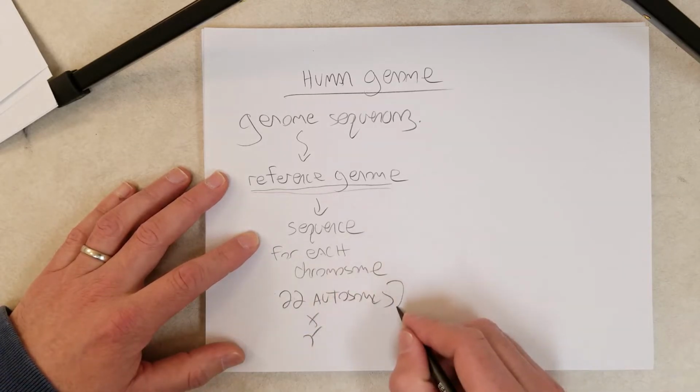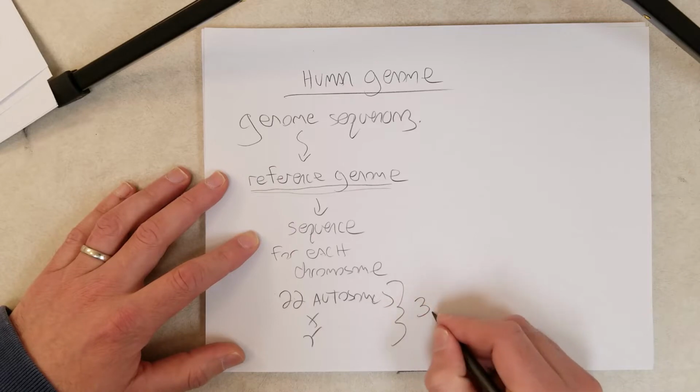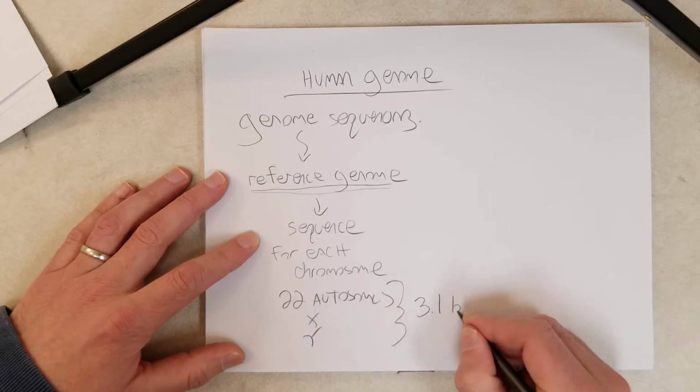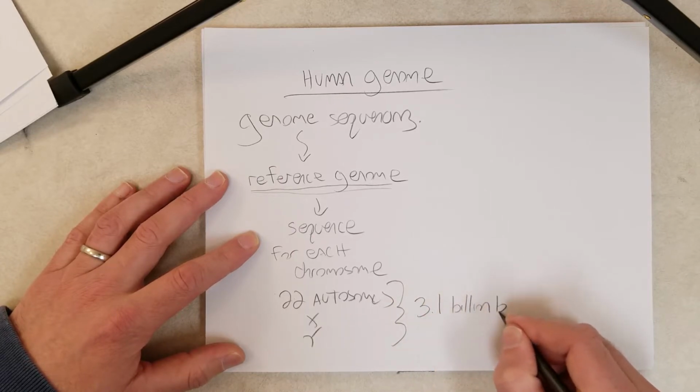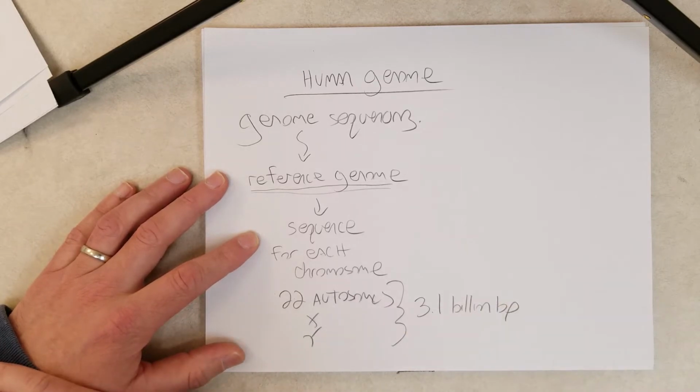Together, all of these are about 3.1 billion base pairs long. It takes 3.1 billion base pairs to cover 22 autosomes, the X chromosome, and the Y chromosome.